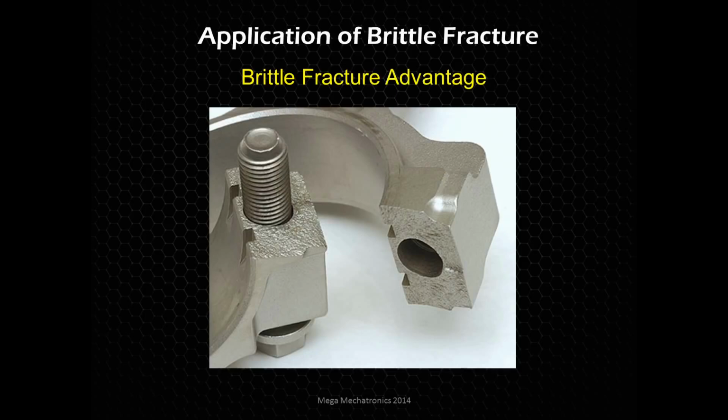So the advantage is a very stable mating surface. So when you put these back together, and when the engine's under load and it's vibrating and things like that, these caps are going to be perfectly aligned, and nothing's going to change that. If you torque it down to the right spec, it's going to be very stable.